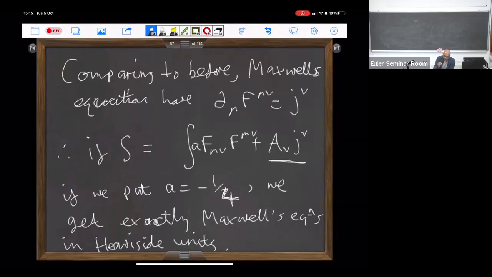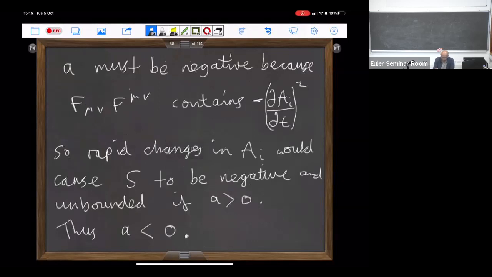If I had added minus A_ν J^ν, then we would have said a is +1/4, but actually that's not possible. And it's not possible for the following reason: a has to actually be negative.